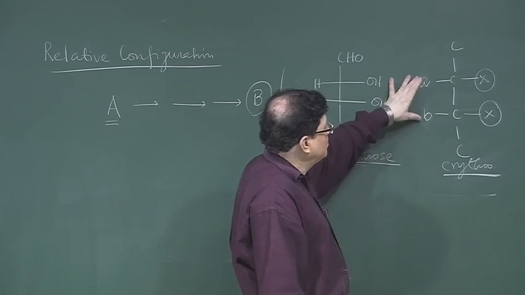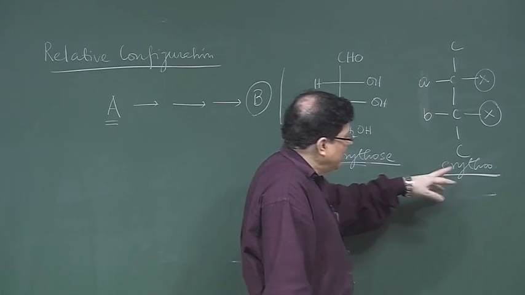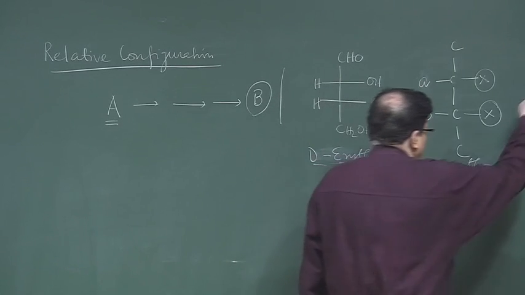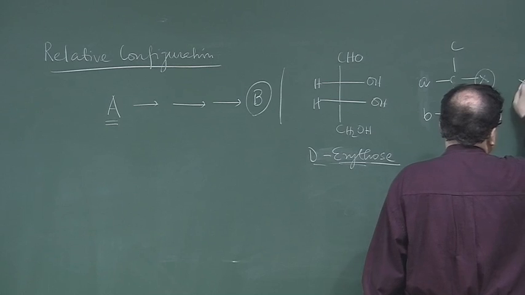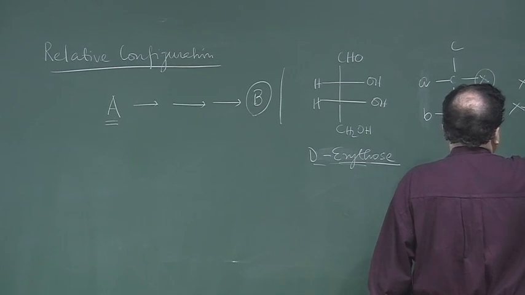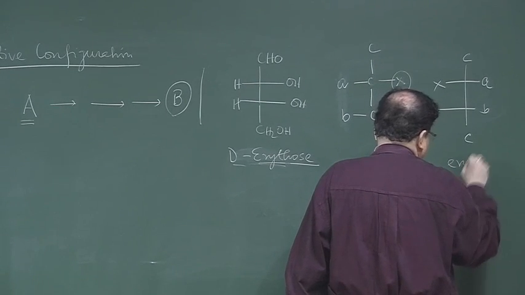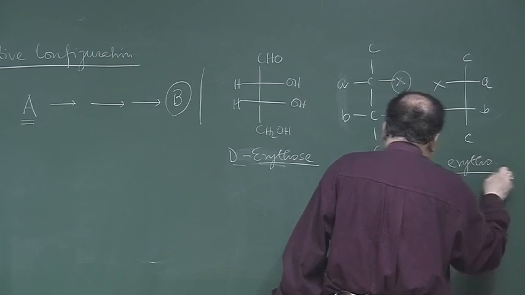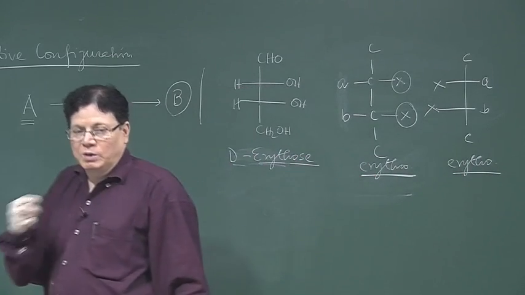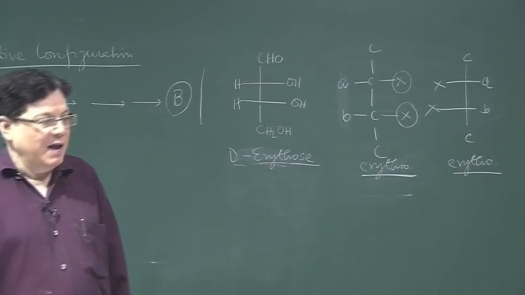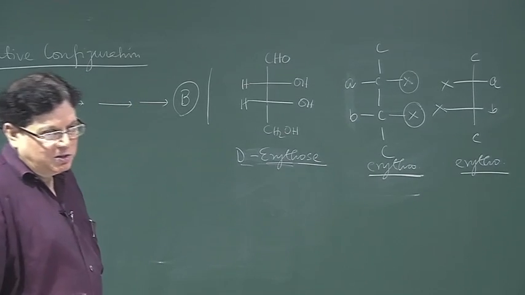The other groups may be different. And then this is erythro, but you can have another erythro compound where the two X's are on the left side. This is another erythro.